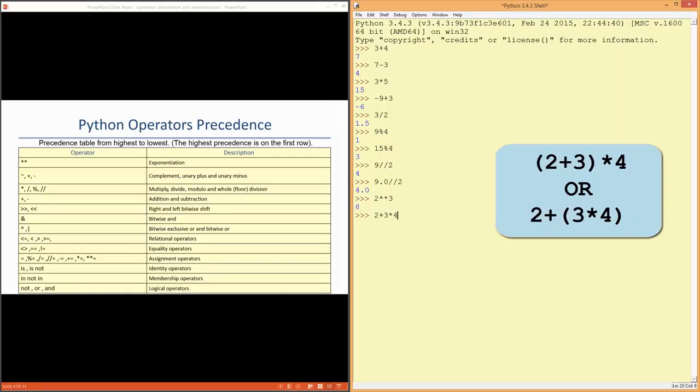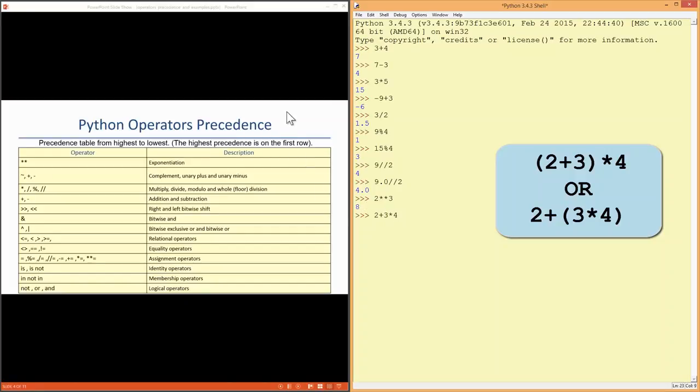You see that if you perform the addition first and then multiplication, the result would be different if you perform the multiplication and then the addition. And the rules which are followed by Python to determine which operator should be performed first are called precedence rules.